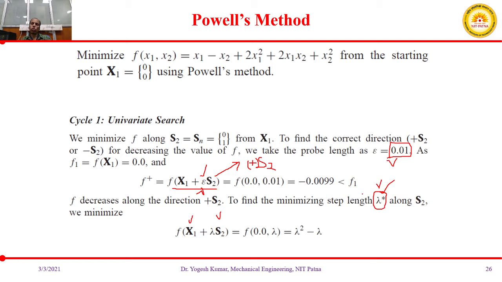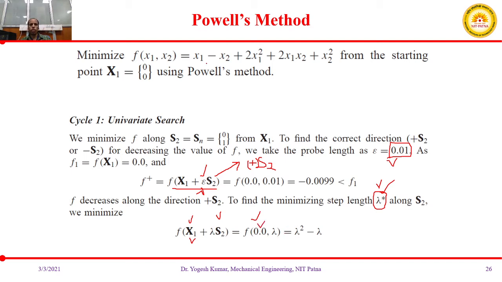So how will we get the value of lambda? Let us try to understand. The value of the function will now be x1 plus lambda S2. S2 is (0, 1) and x1 is (0, 0), so these values become (0, lambda).